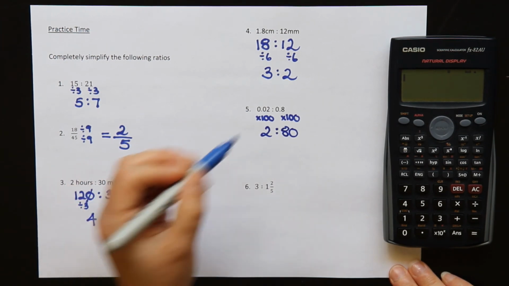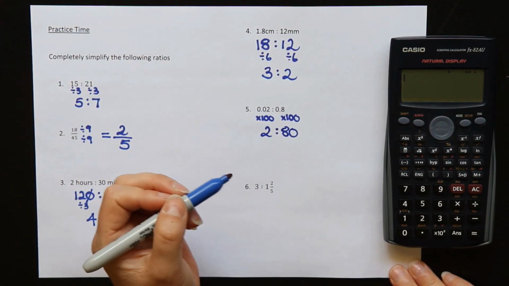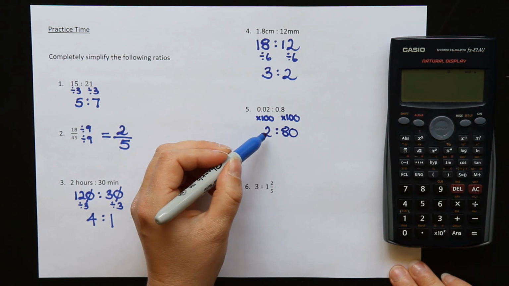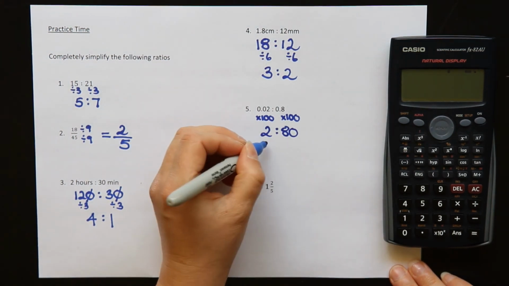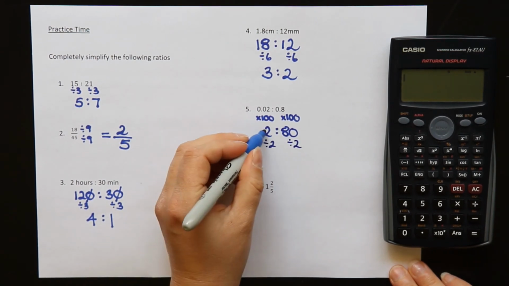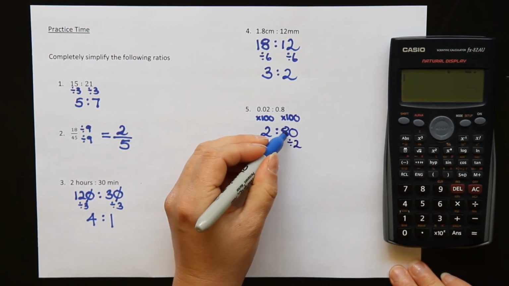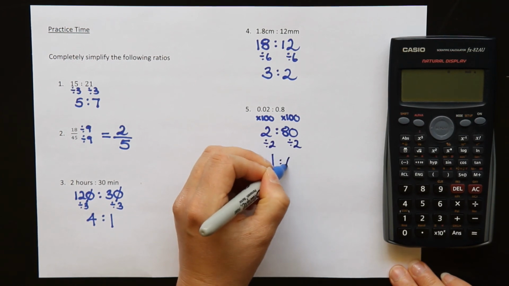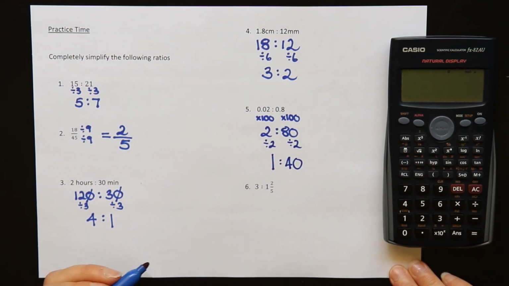Use your calculator if you're not comfortable jumping your decimal place over. Okay, so I can divide both of those by 2 to simplify further, which will give me a 1, and 80 divided by 2 is 40.